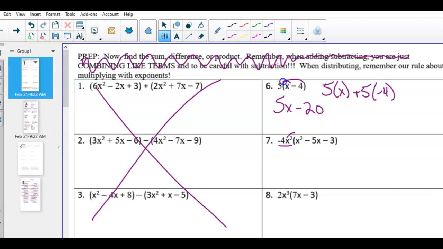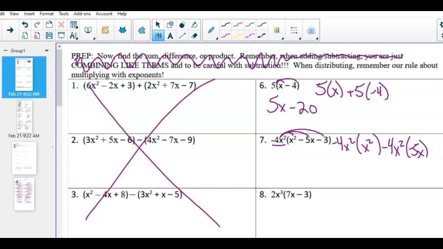So if I'm multiplying this to each, I'm saying negative 4x squared times x squared. Then the same one from the outside, negative 4x squared times my middle term, negative 5x. Then the same one, the same outside term, negative 4x squared.